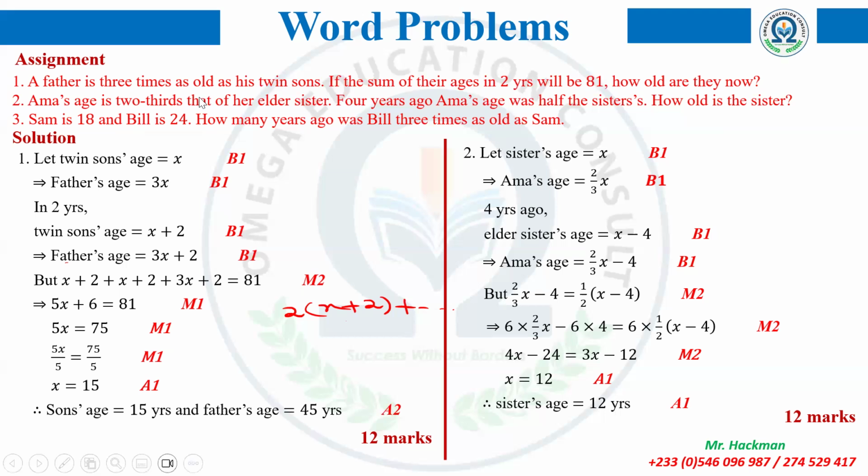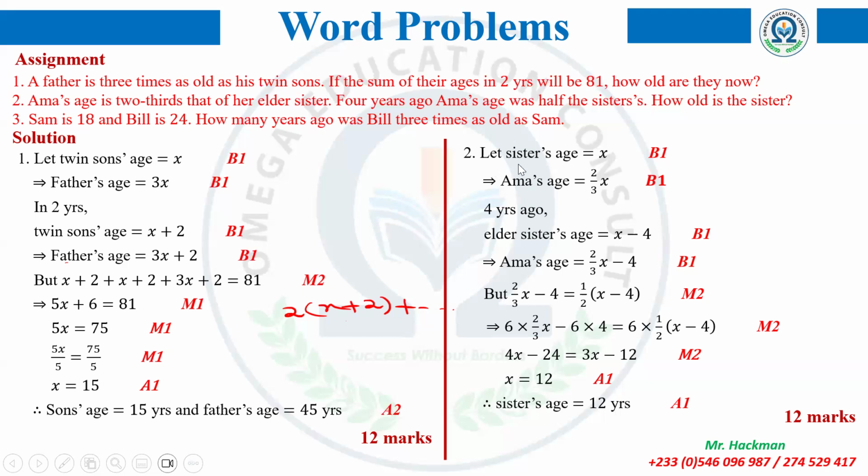Ordinarily, if you didn't know the connection here in terms of fraction, you would have considered Ame's age to be the x. But because we are told that Ame's age is 2/3 of the elder sister's age, it will be convenient for us to represent the elder sister's age by the x.